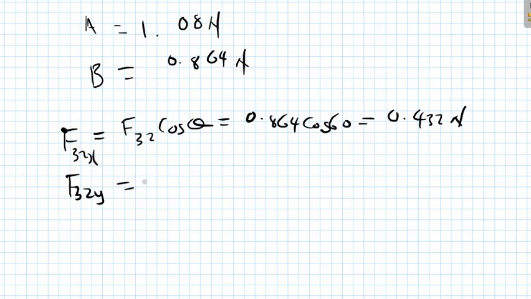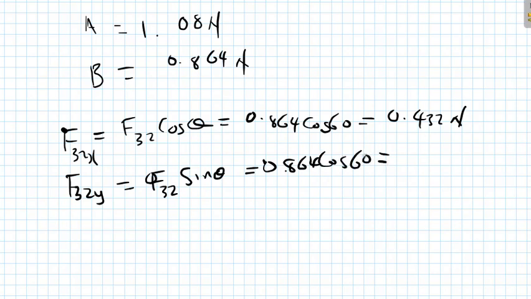This one was in x, so now for y it will be F32 sine theta, which is 0.864 sine 60, since this one is in the y direction. This is equal to 0.748 newtons.